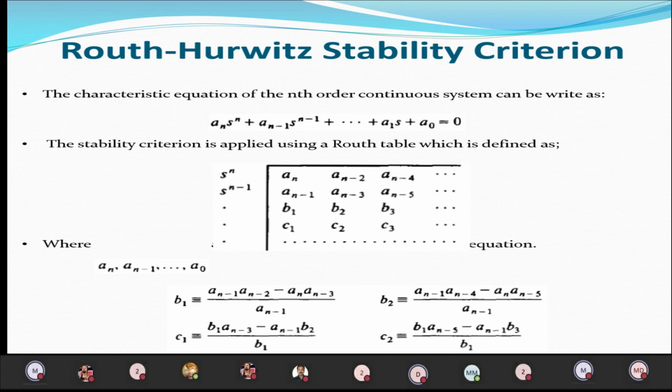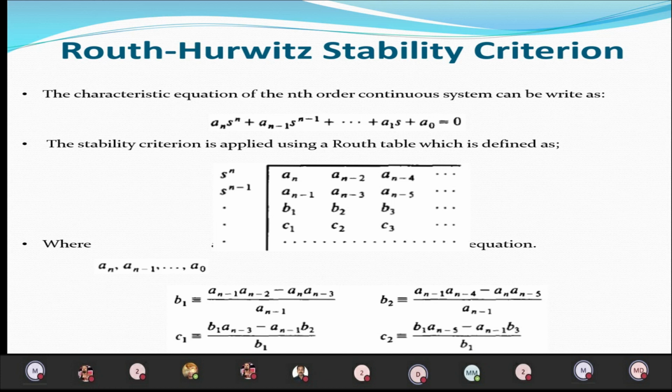The s power 4 coefficient goes in the first column, first row. Then the next even power decrement is s power 2, so we look into the equation for the s power 2 coefficient.